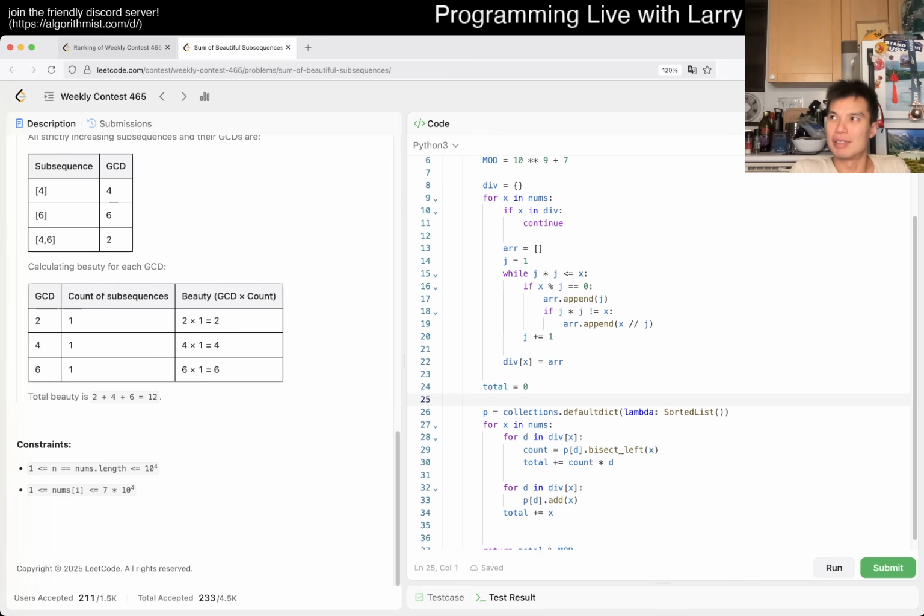But almost like an inclusion-exclusion type thing, but in a DP-ish kind of way.